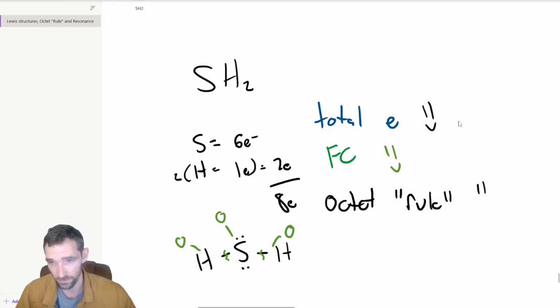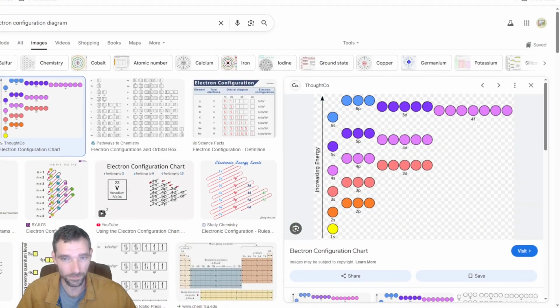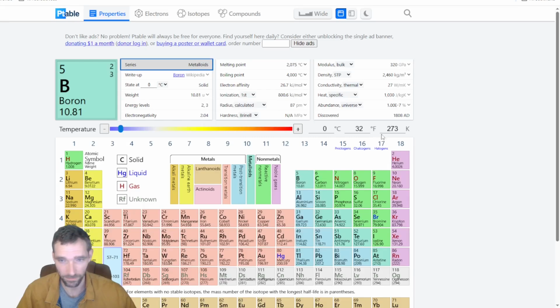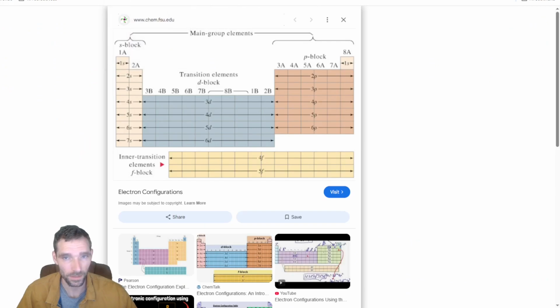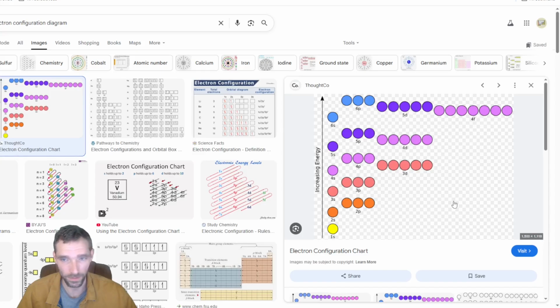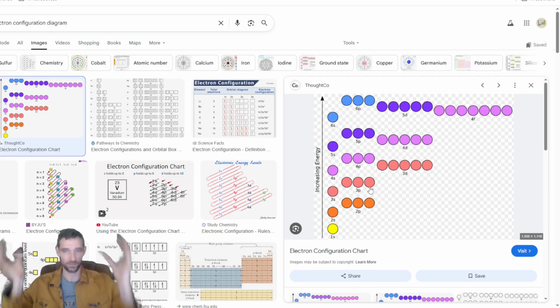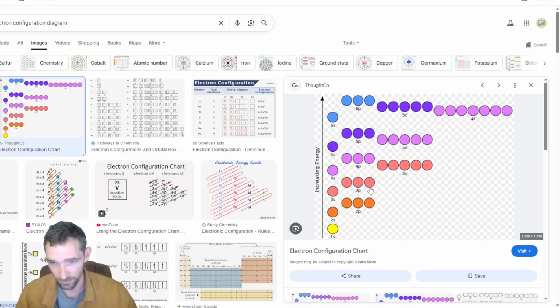the octet rule, because the sulfur, it's got 4 orbitals. In this case, it will follow the octet. So things that are in the third energy level, like sulfur, they're going to be able to just use the 3s and 3p to get some geometric stability from the electrons being just evenly spread out.